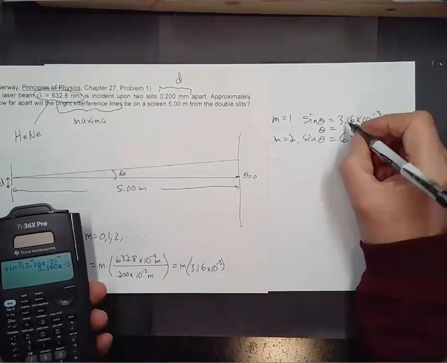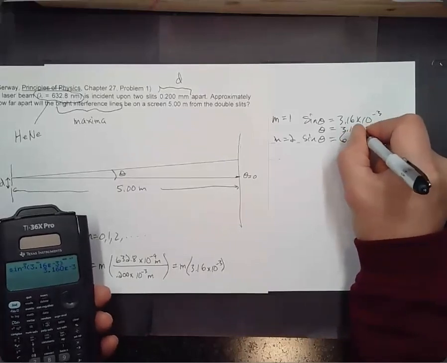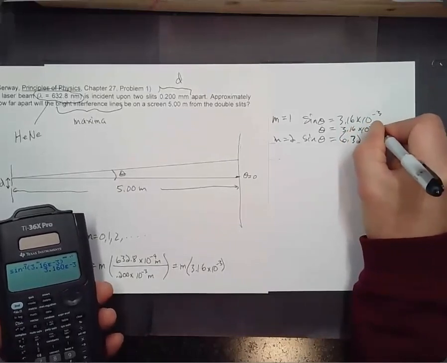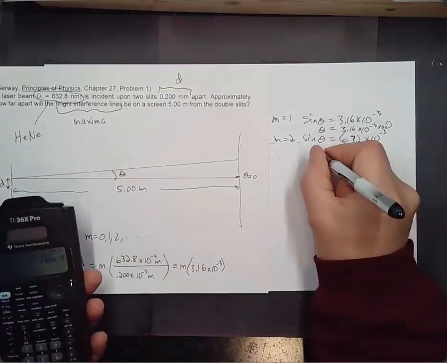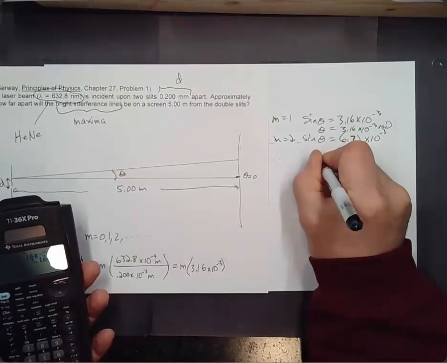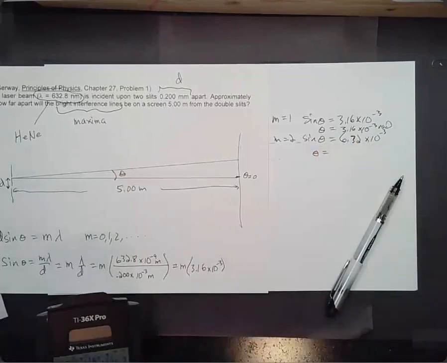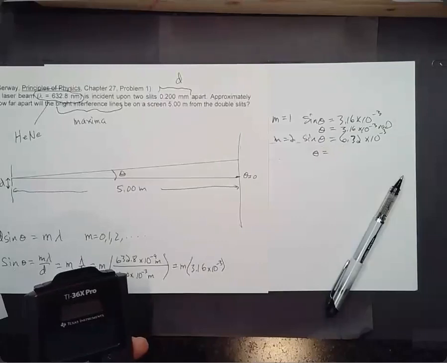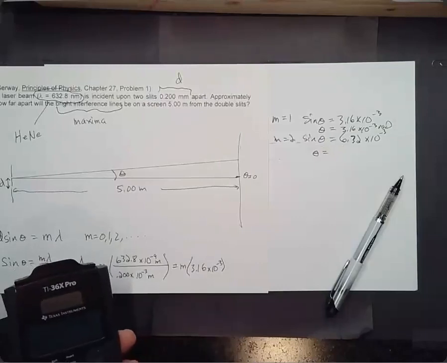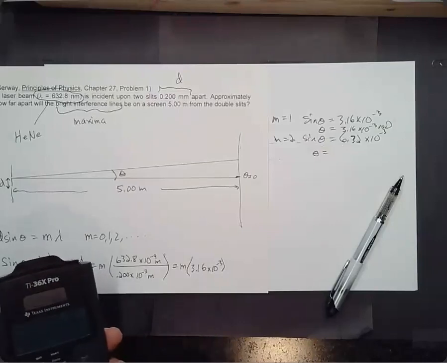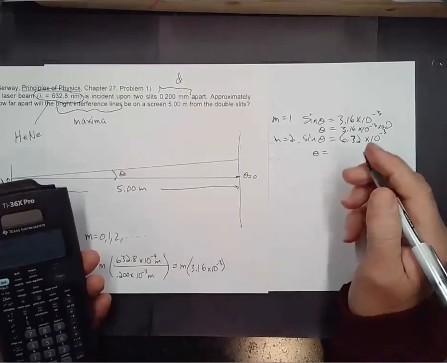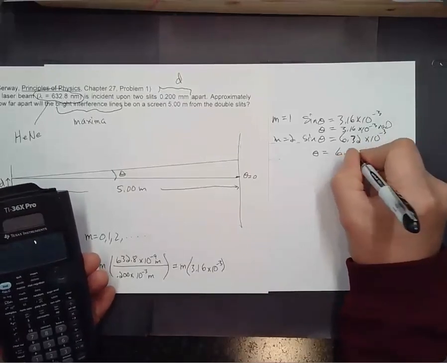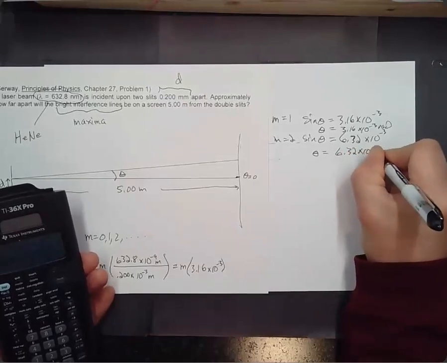And I get theta is 3.16 times 10 to the minus third radians. Amazing. Okay. If I do the same thing for m=2, inverse sine of 6.32 times 10 to the minus 3, I get, amazing, 6.32 times 10 to the minus 3.